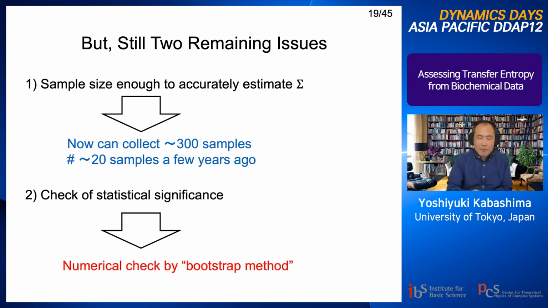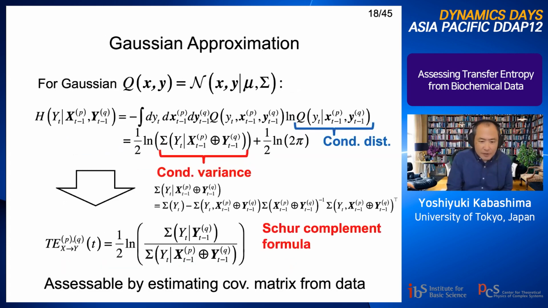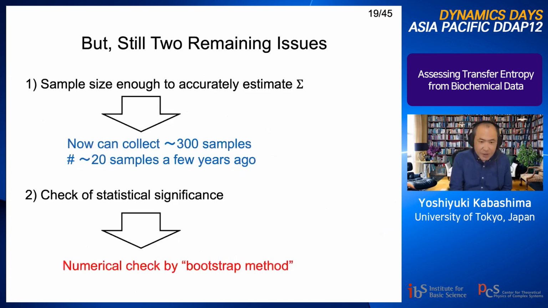For this purpose, we need some sampling distribution. But unfortunately, the transfer entropy is a complicated function of the data, so it is very hard to obtain the sampling distribution analytically.